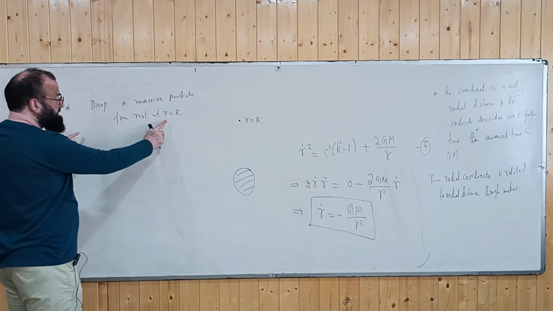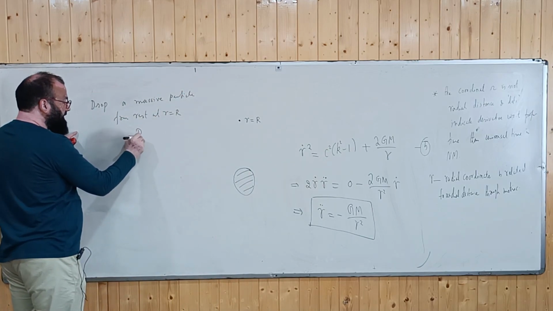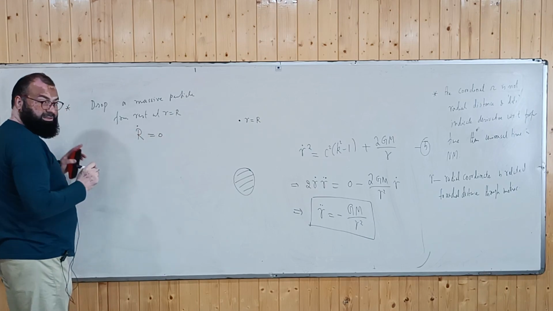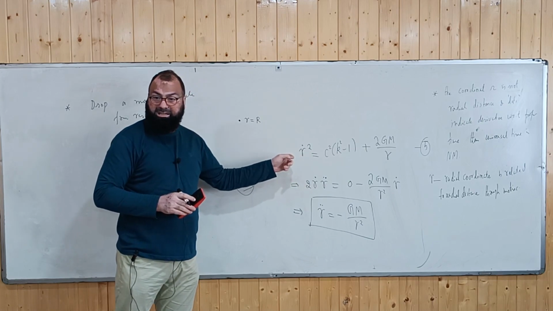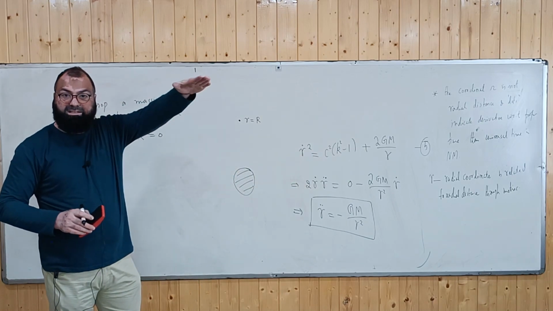Now if I take this r dot, what will it be? Let's substitute r equal to R in this equation. What will r dot be? Zero, because it's at rest at that height.